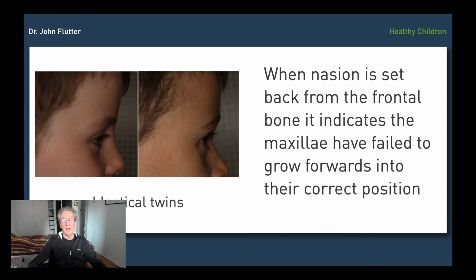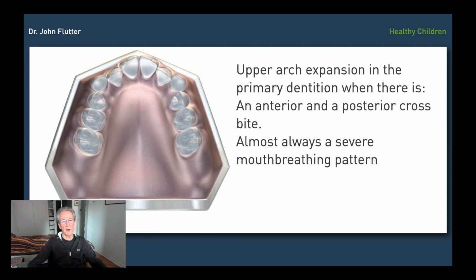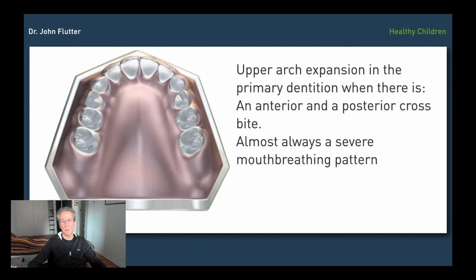And we can see that this is not a genetic variation, this is a developmental variation. And so in the primary dentition, I would always expand if I've got an anterior or posterior crossbite and an anterior open bite.